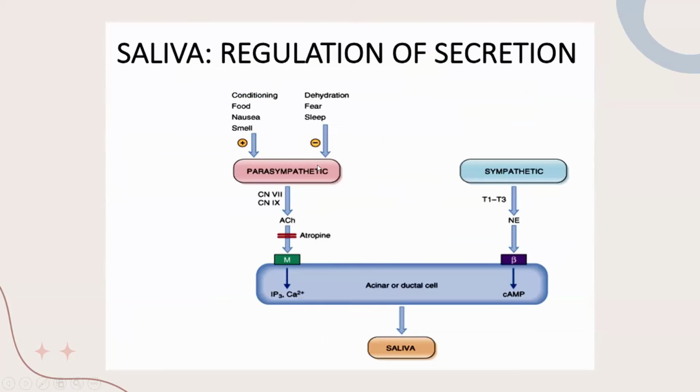They lessen the activation of the parasympathetic. So through acetylcholine to the M receptors, they release saliva, and sympathetic activation through the norepinephrine via the B receptors, they also release saliva.